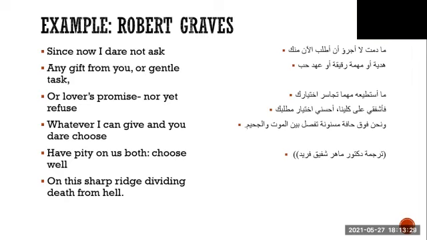And he is an expert translator. Dr. Farid is known to be one of the experts in the field of literary translation, الترجمة الأدبية. Now, this is a very short poem by the English poet Robert Graves.